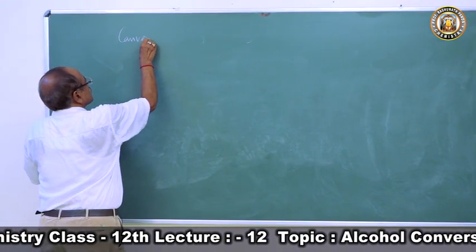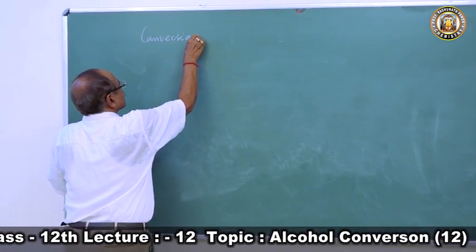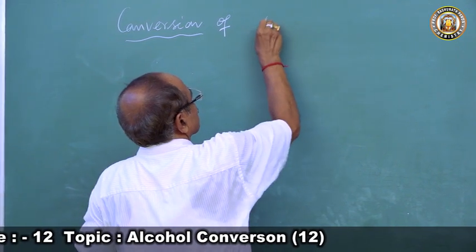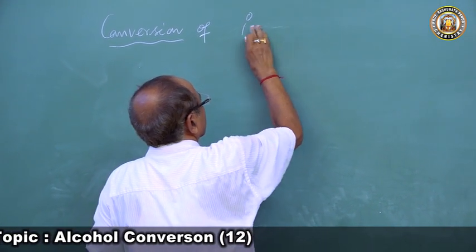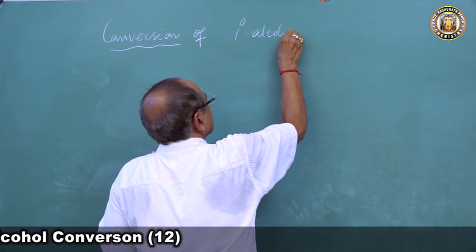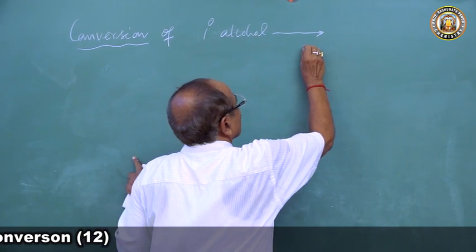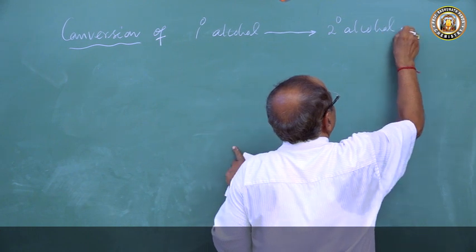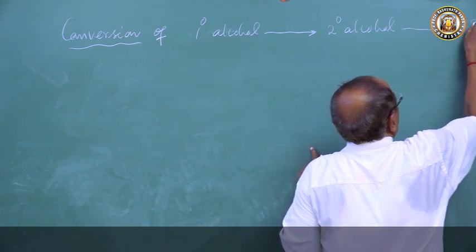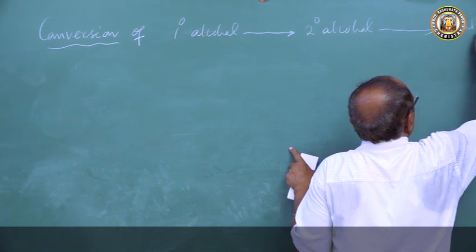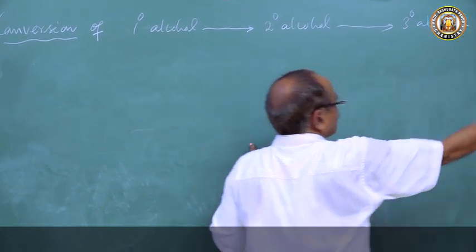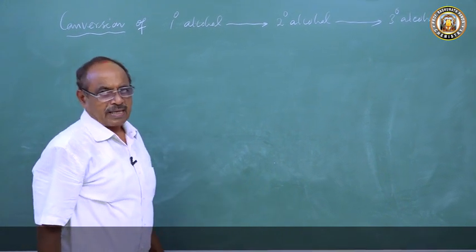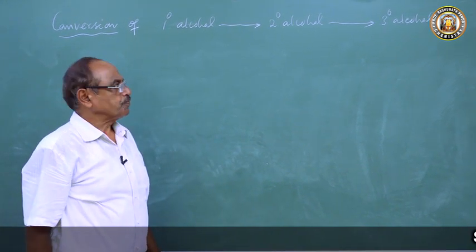So these are the questions I am discussing, because these are obvious questions for a board exam. Primary alcohol to secondary alcohol, then secondary alcohol to tertiary alcohol. This is also a question. Conversion of ethyl alcohol to tertiary butyl alcohol or ethyl alcohol to isopropyl alcohol, a question may come to you.